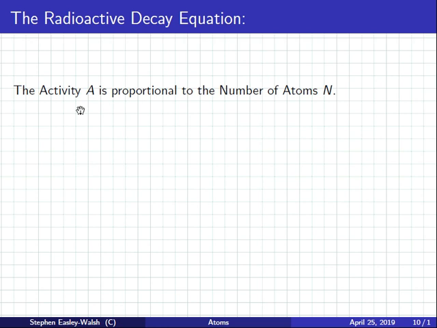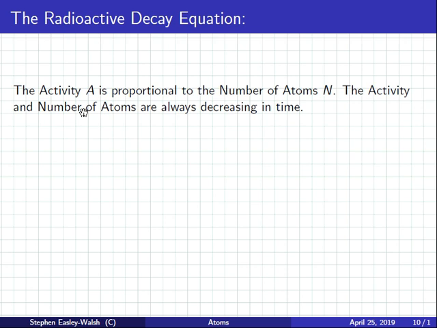The activity, now remember, activity is how many atoms are lost per second. The activity is proportional to the number of atoms, and they're always decreasing. Therefore, A is always negative.